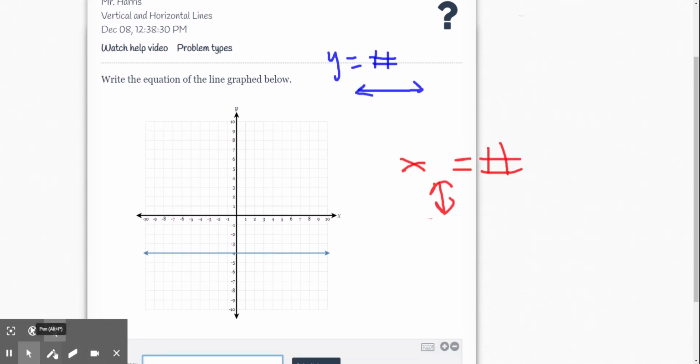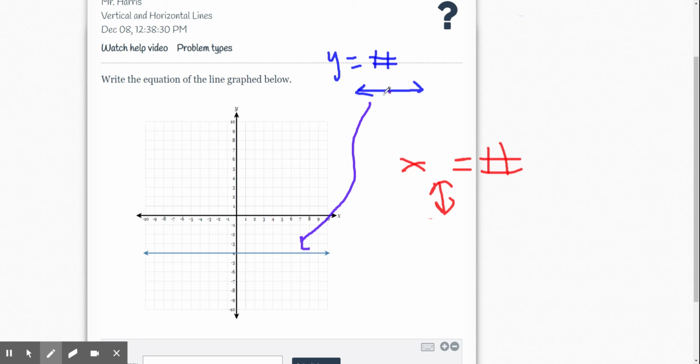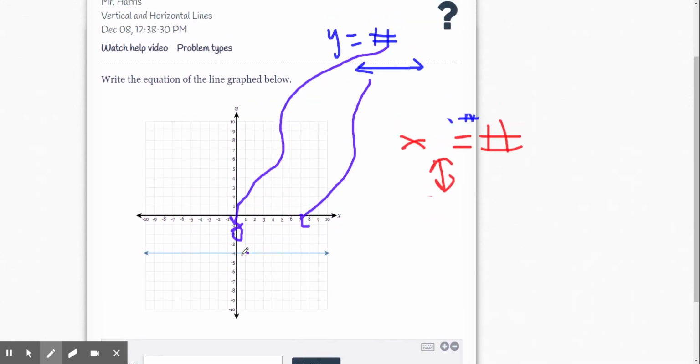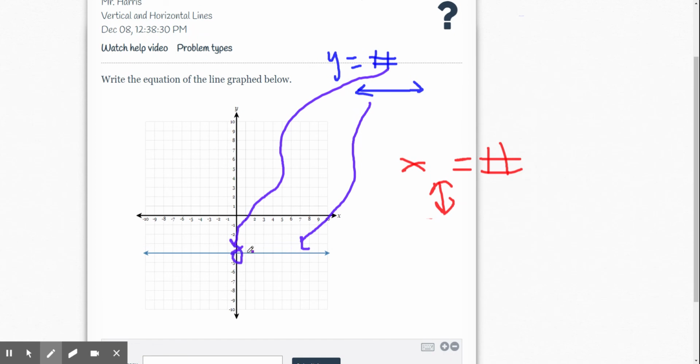Okay. Looks like we've got a horizontal line. And as far as the number goes, it looks like it's passing through -4. I like that it adjusts. It's passing through -4 on the y-axis.